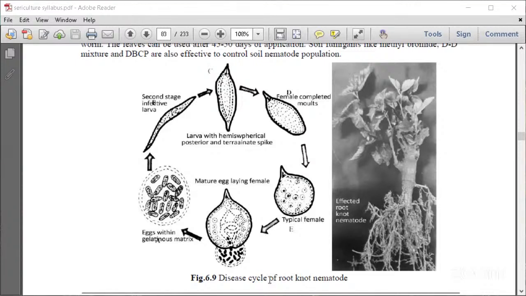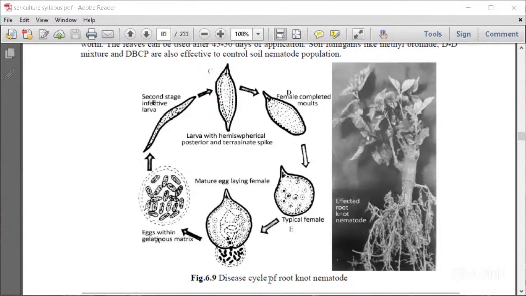A small knot indicates a single infection and a large one multiple infections. The parasite damages xylem and phloem tissues, resulting in disruption of water and food conduction.